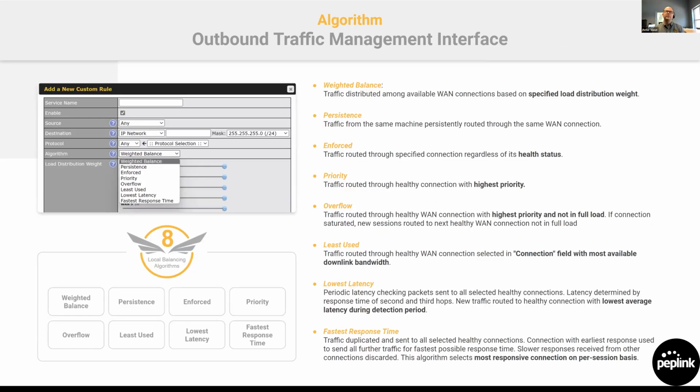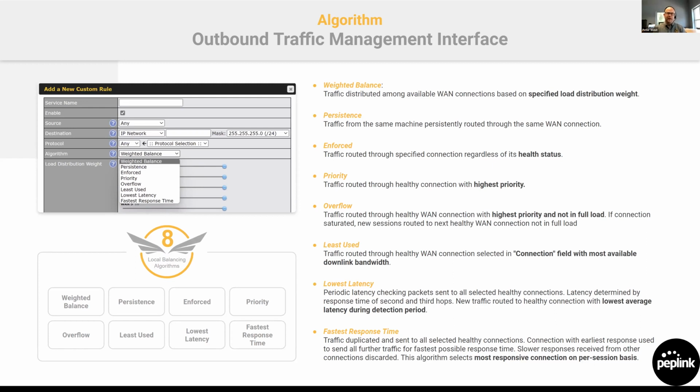We have 8 outbound policy algorithms to make sure that the traffic is operating how you want it to operate. And I say this a lot, and people probably make fun of me for it, but it's why I love Peplink. They're not like, here's an outbound policy, send the traffic over.